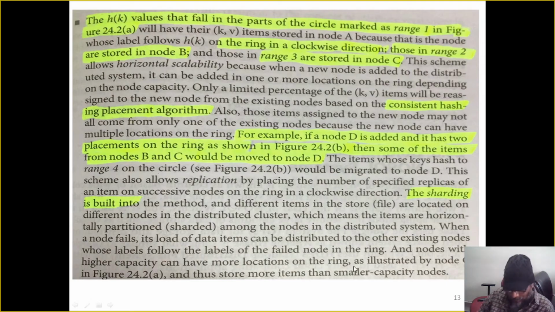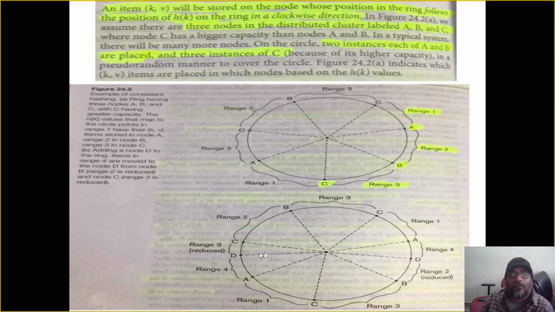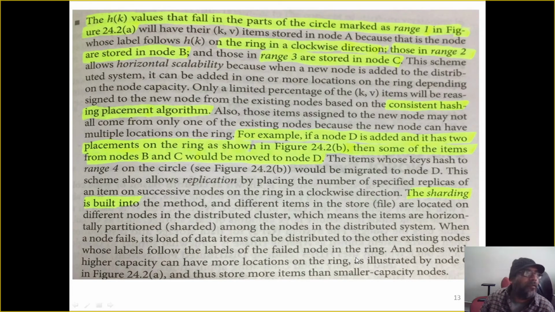Okay, so you see here instance of T, instance of B. So one is going to fail, then the same named node can be used in the ring, and nodes with higher capacity can have more locations on the ring, as illustrated by C. Thus they store more items than the smaller capacity nodes.